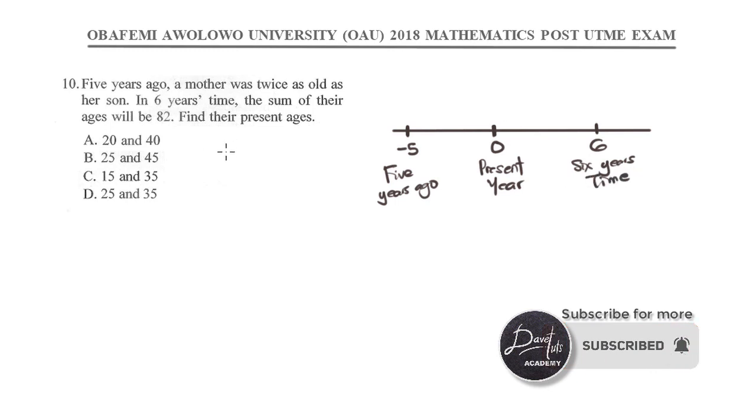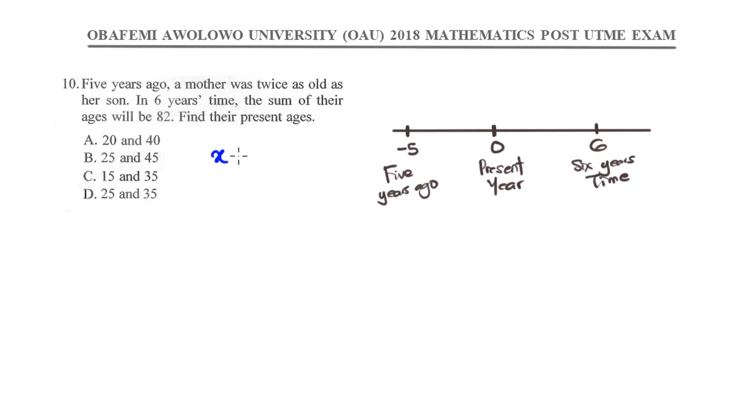So we have this, and presently, if we represent the age of the son as X, the son's age, let's say it is X, and then the mom's age, let's say it is Y. Today, the son is X years old and the mom is Y years old. So we can look at representing our information on our timeline. Presently, the son is X, the mom is Y. 5 years ago, the son is going to be X minus 5 years old, while the mom will be Y minus 5 years old.